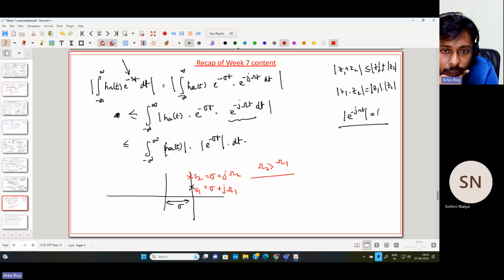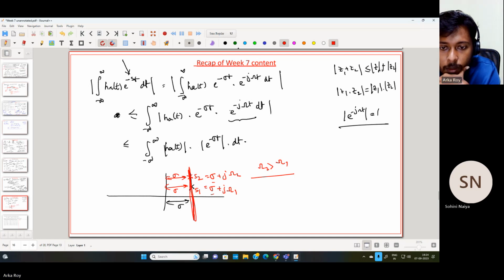I can see that h(t) is there and e to the power minus sigma t is there, which is the same for S1 and S2. However, omega 1 and omega 2 will not contribute to the validity of this particular integral. So at this particular line, for all the points, the sigma is the same.